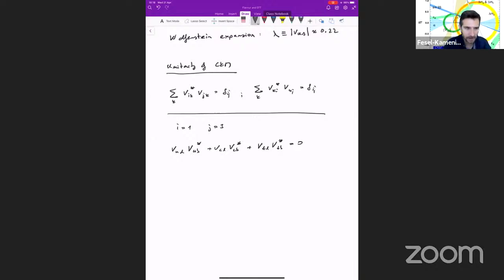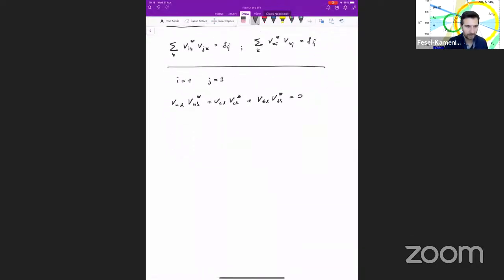In particular, one can make this manifest in the CKM parameterization, namely if we arrange these three terms, and divide by the middle term, we can write this same unitarity condition as V_ud V_ub star over V_cd V_cb star plus V_td V_tb star over V_cd V_cb star plus 1 equals 0.